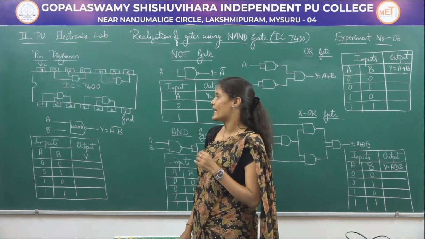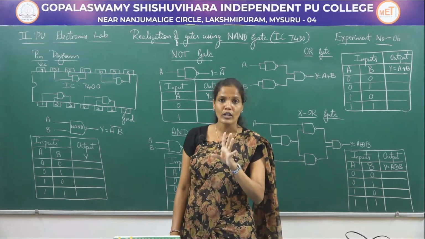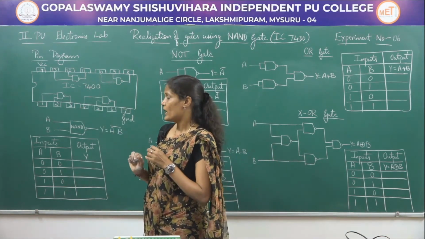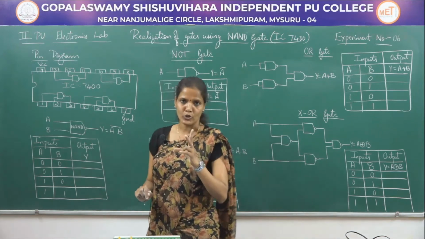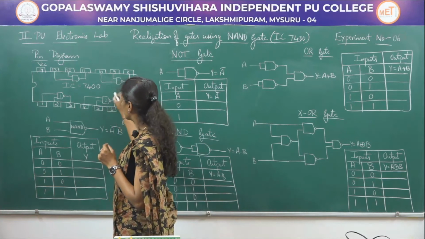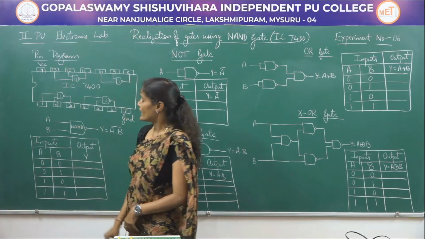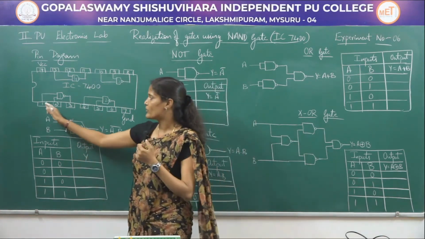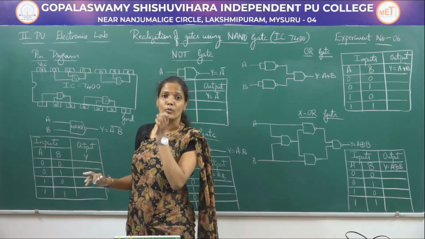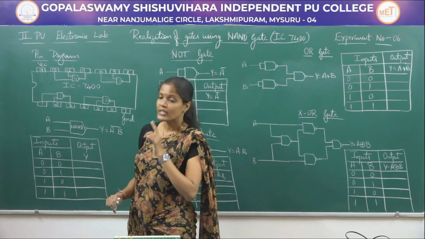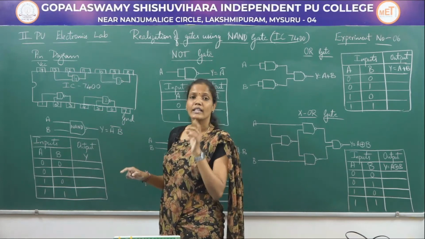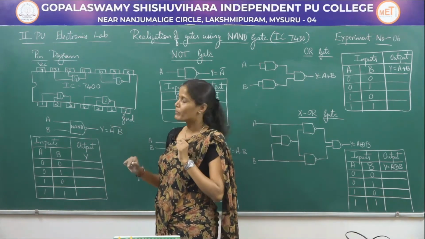If you look into this diagram, we will be having 4 NAND gates, 1, 2, 3 and 4. Each gate will be having 2 inputs and 1 output. Let us name these gates as 1, 2, 3 and 4. The very first NAND gate has inputs connected to pin number 1 and 2, and third pin is the output of the first NAND gate. Similarly, coming to the second NAND gate, 4 and 5 are the input pins, 6 is the output pin.